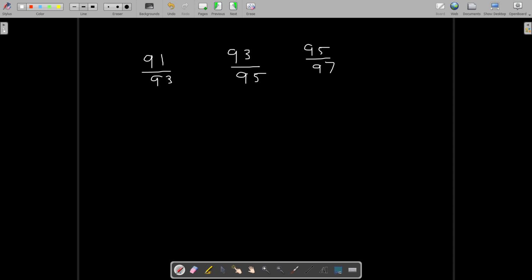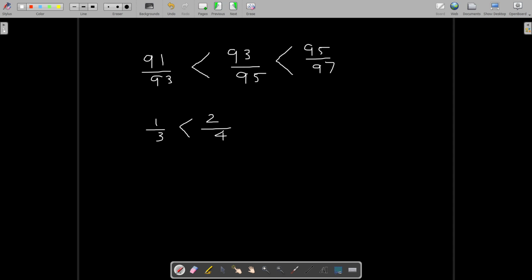So we try to find the smallest fractions which have the same pattern. The smallest fractions are 1 by 3 and 2 by 4. Clearly 2 by 4 is 0.5. It is clearly greater than 1 by 3. So I can safely say that 93 by 95 is greater than 91 by 93 and 95 by 97 is greater than 93 by 95.